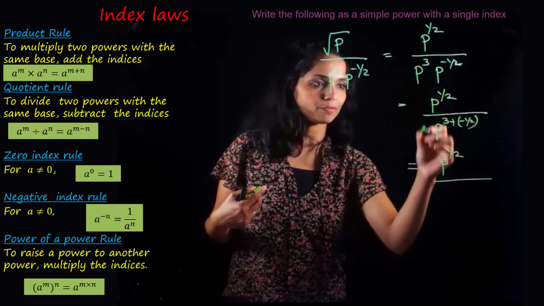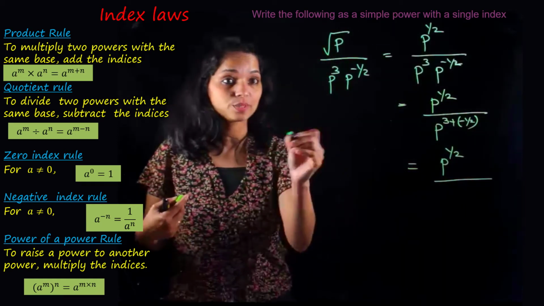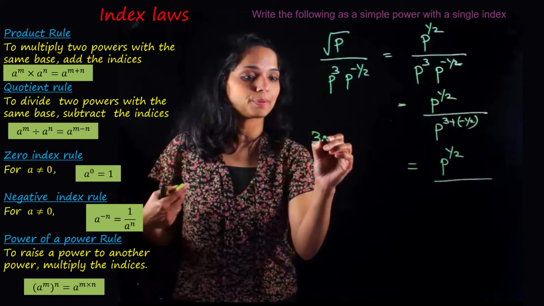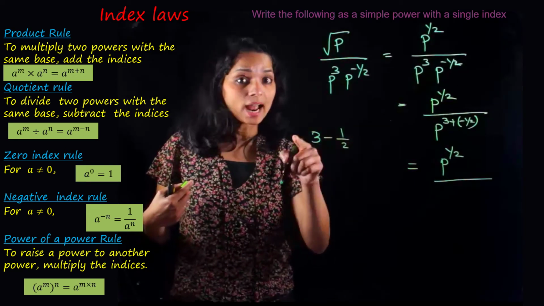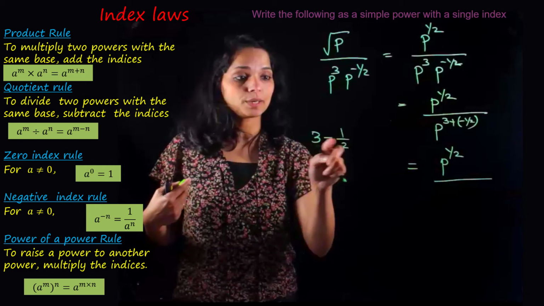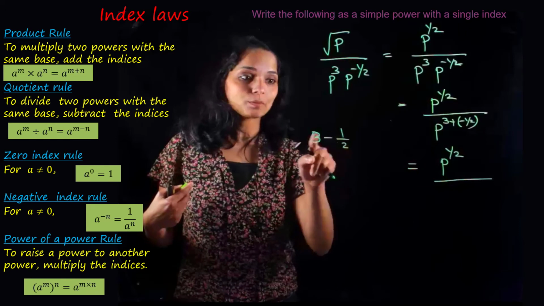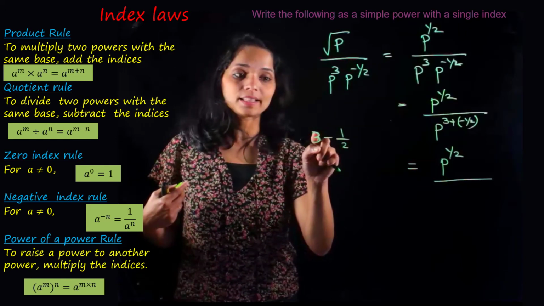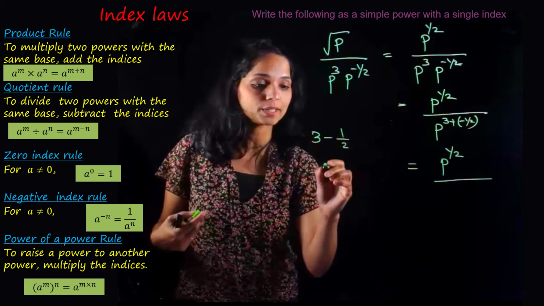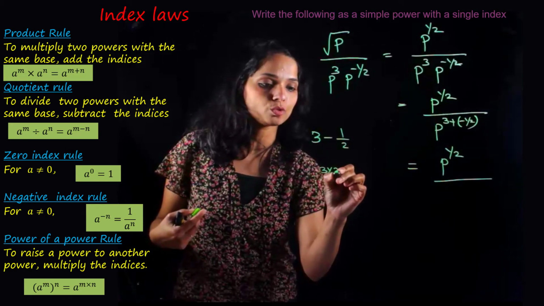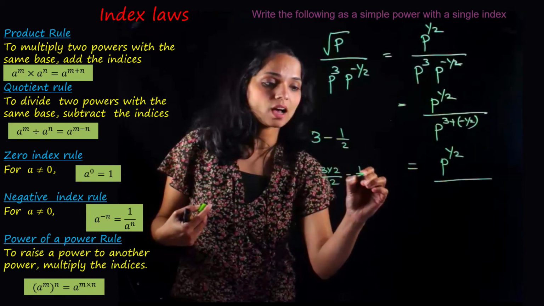How can we add 3 and minus half together? I'll do it separately here. 3 plus minus half is nothing but 3 minus half. To subtract them, you need to make the denominator the same. So I'm going to multiply 3 by 2 and divide by 2 to make the common denominator. 3 times 2 divided by 2 doesn't change anything, and minus half.